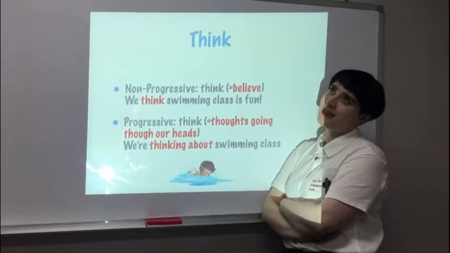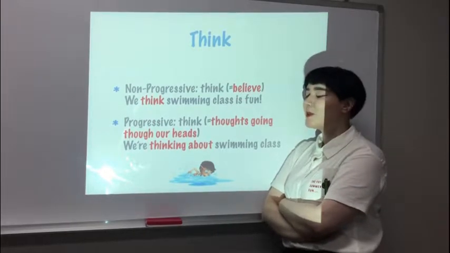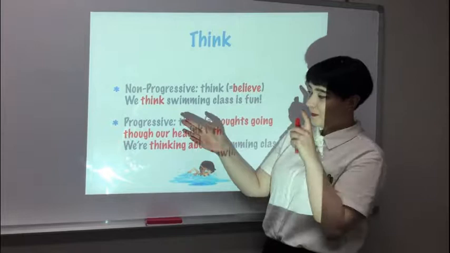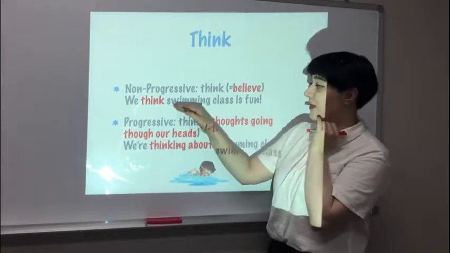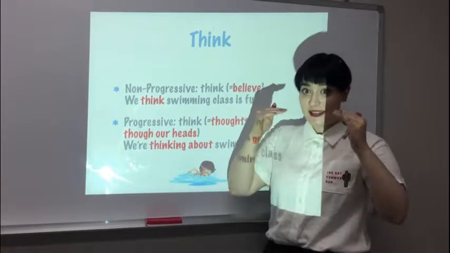And you say, oh, I'm just thinking about swimming class, or I really want to go swimming. So that's when you use the progressive think. I'm thinking about this right now, but we think swimming class is fun is something that stays constant.